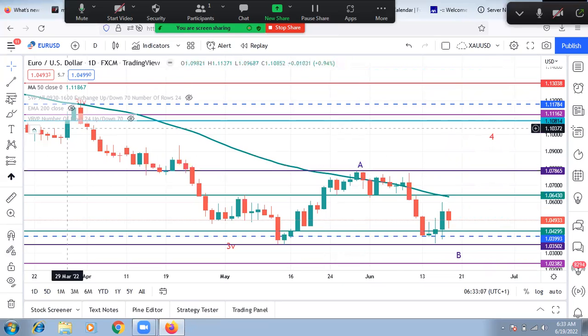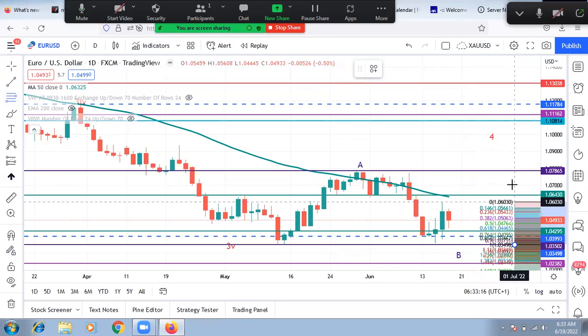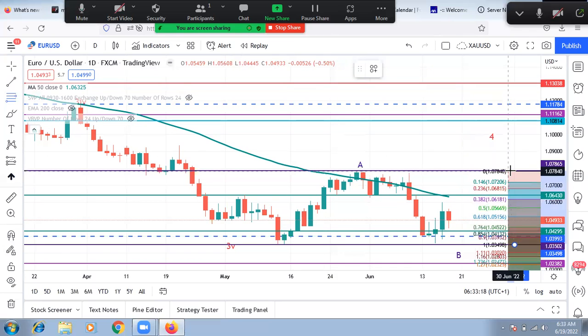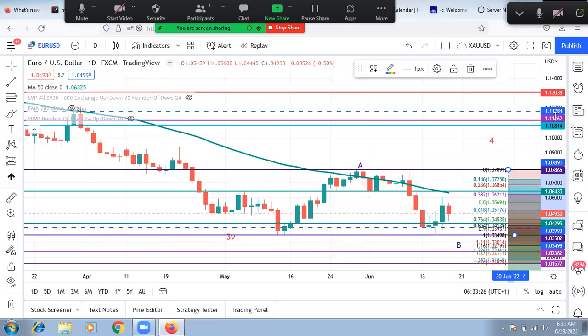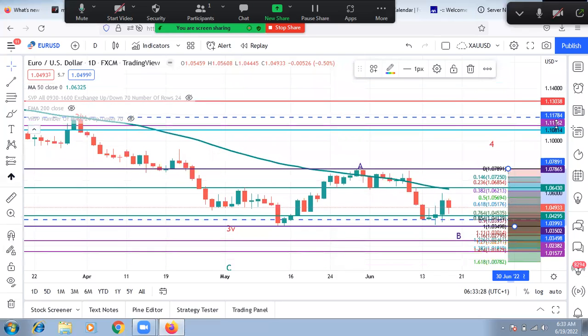I'm just saying it for you to know, from the beginning of A to the end of A. So let's look at the retracement and those levels that we can trade, that I would want you to put your trade.